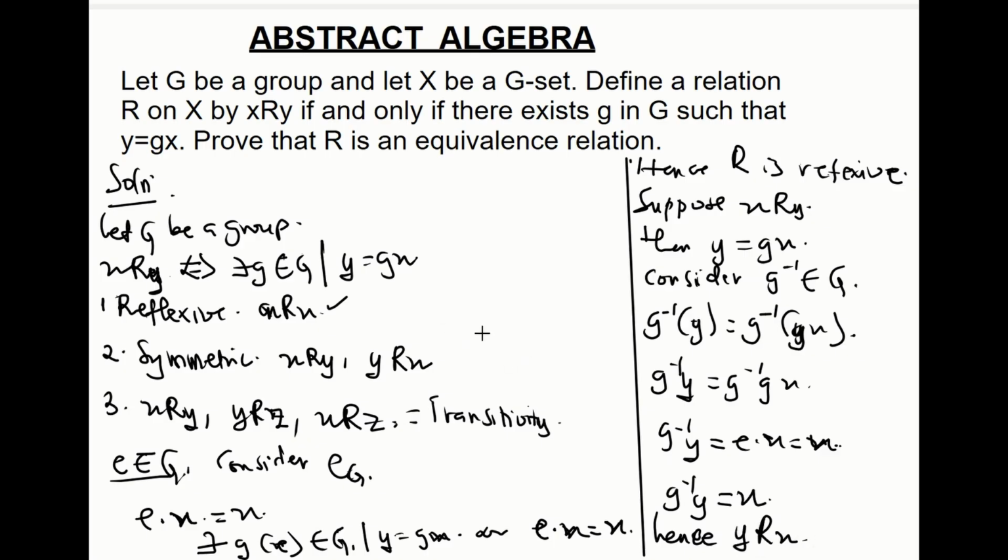Notice that if x relates to y, we are saying that y is equal to gx. What about the other way around? If the other way around, that means that our x is going to be equal to something times our y. So this is going to show that hence our y relates to x.